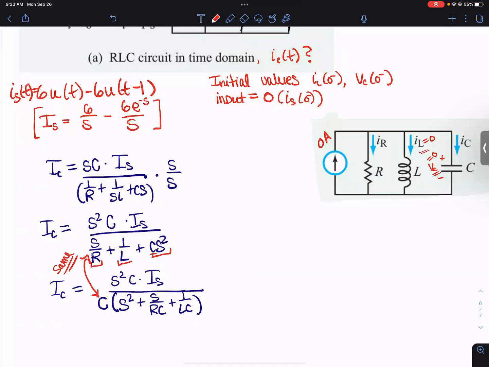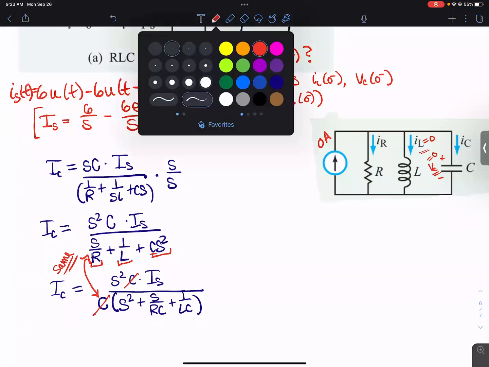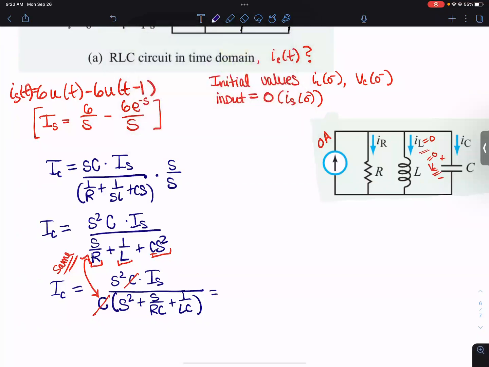And then the last one is 1 over L, because the C's cancel. So then this cancels out these C's here. So I'm left with S squared IS over S squared plus S over RC plus 1 over LC.